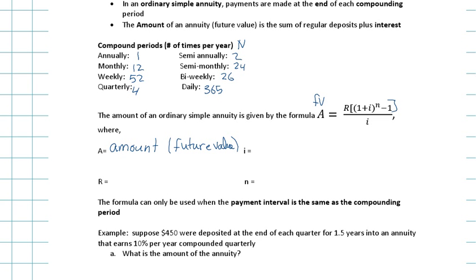Yeah, so they use PMT instead of R. It's the same thing, the same idea, same formula. PMT means R, your regular payment. A means your future value. R is your regular payment amount.